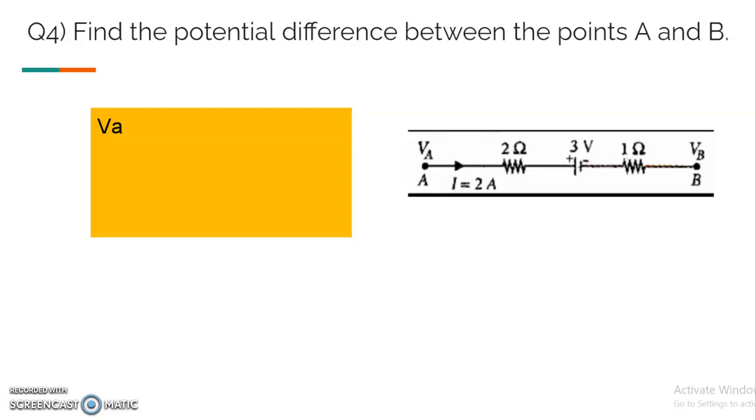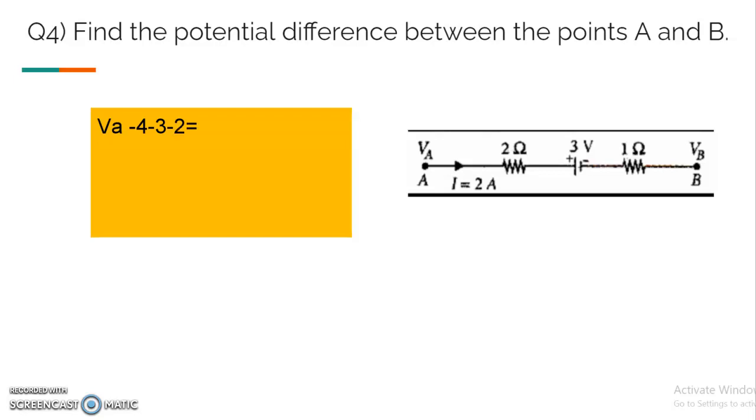Okay. So minus 4. And what about here? Here also it is positive to negative sign, so again we are going to write it as minus 3. Minus 3. And what about here? The 2 ampere current is again flowing through this 1 ohm, so we are going to write it as minus 2.